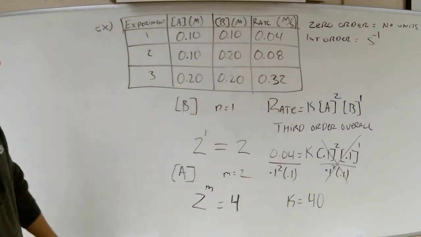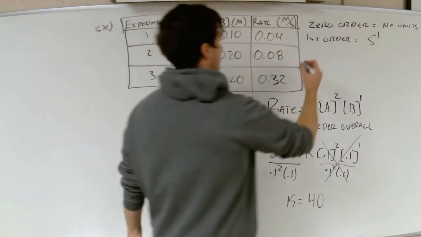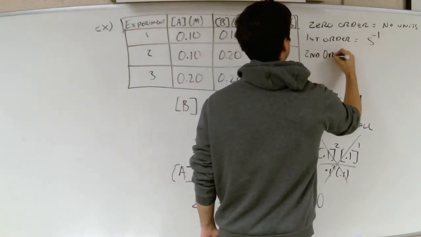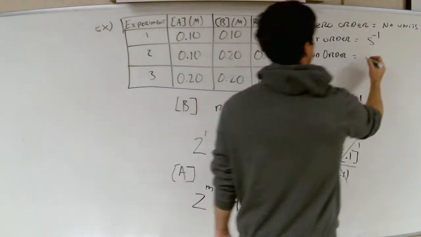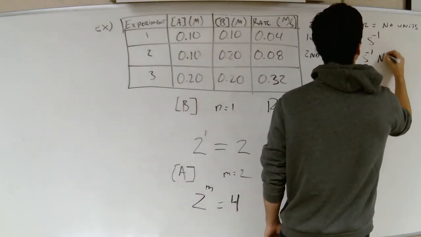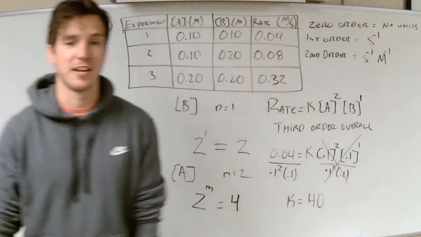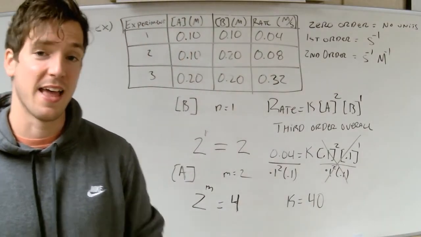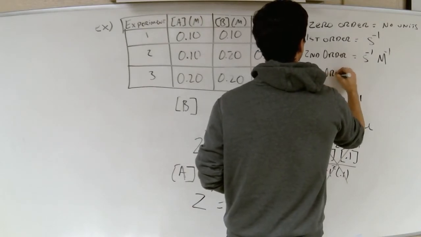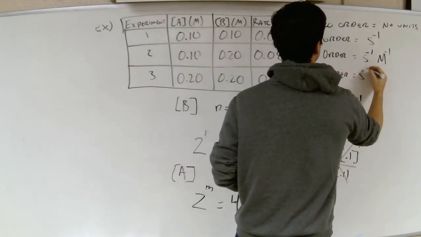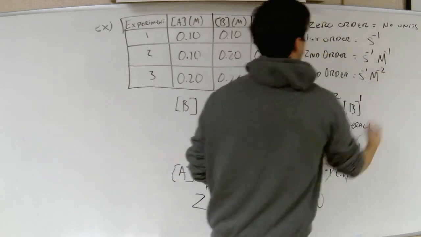S to the -1. If the reaction is second order, the units of K will be S to the -1, molarity to the -1. And if the reaction is third order, it'll be S to the -1, M to the -2.